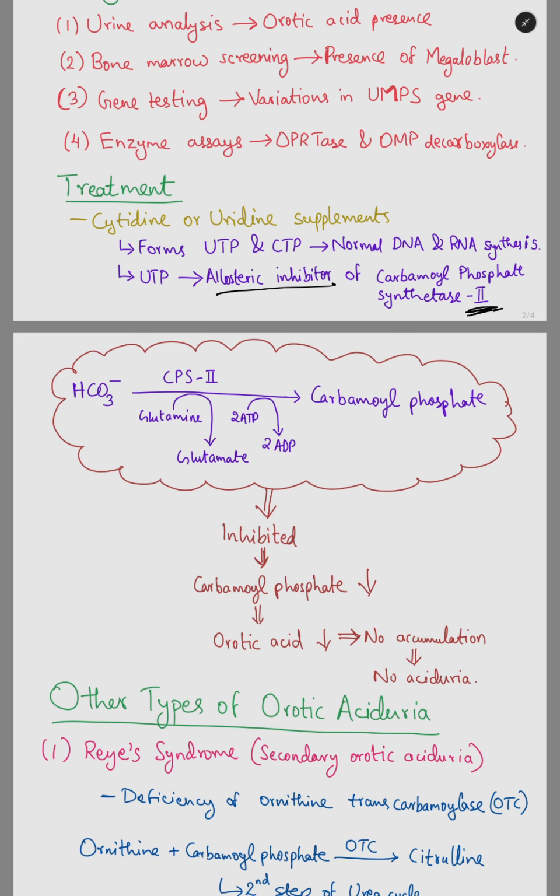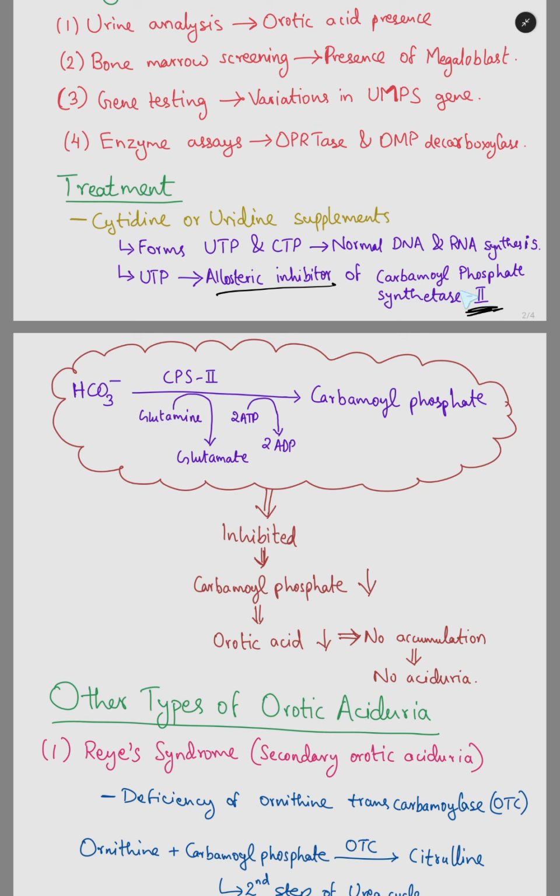It also causes the formation of carbamoyl phosphate, but from other compounds, which is discussed in the urea cycle. So in de novo synthesis, it is carbamoyl phosphate synthetase 2, or CPS2.